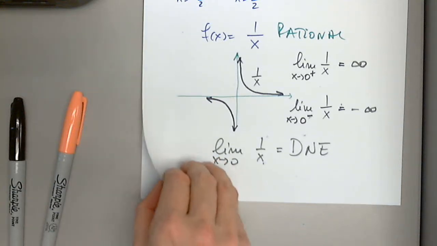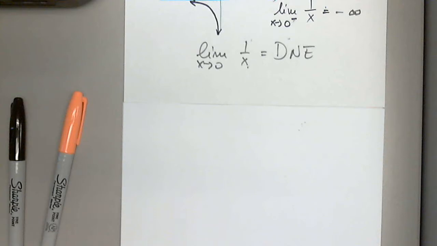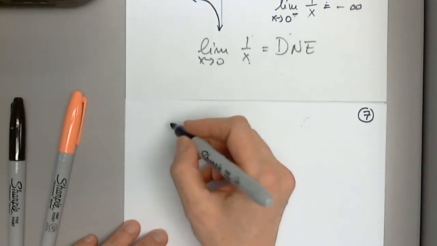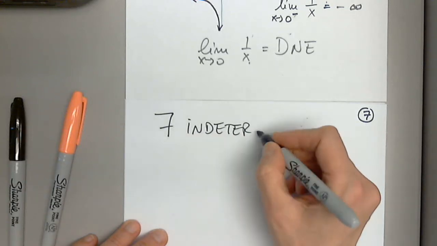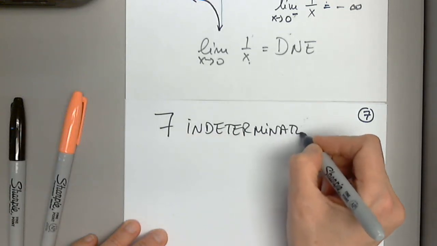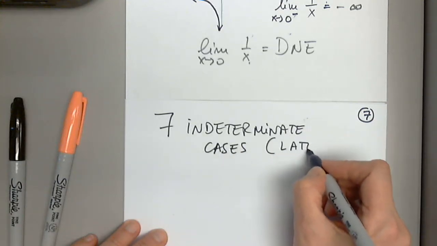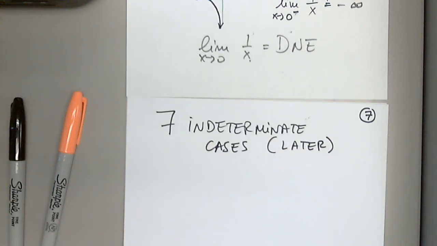Okay, two things here before we choose problems from your book. We have 7 indeterminate cases. I'm going to put them in parentheses later. For now, I just want you to remember that there are 7 different indeterminate cases.